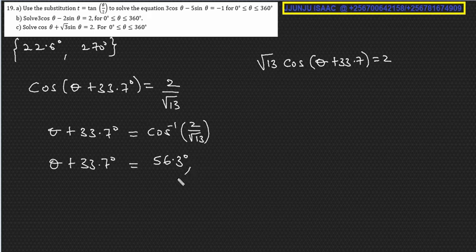Degrees. But let us see other angles where cos is positive.